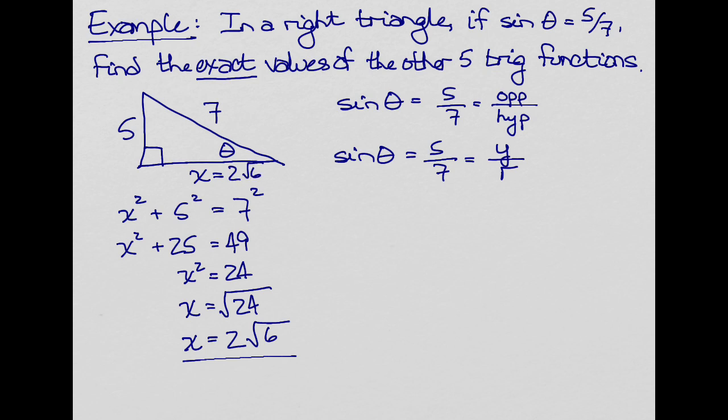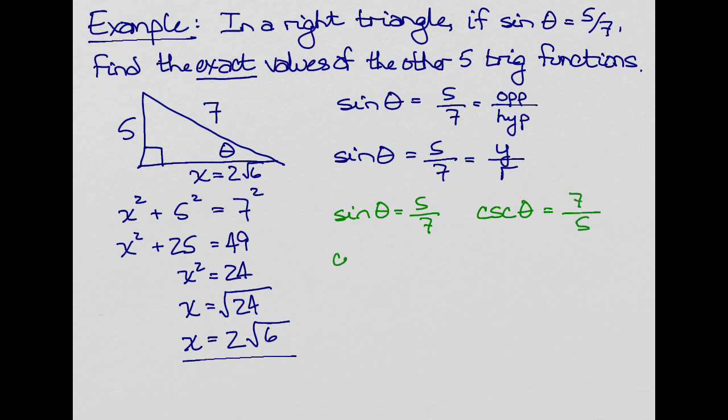Now that we have all 3 sides of the right triangle, now that we have x, y, and r, we're ready to answer the question. The sine, we already had. The cosecant is its reciprocal. Flip it over.